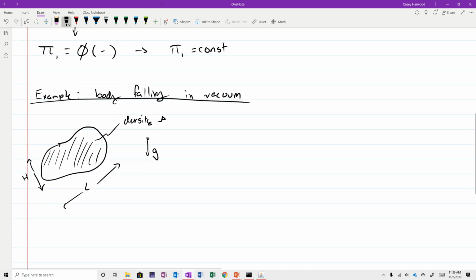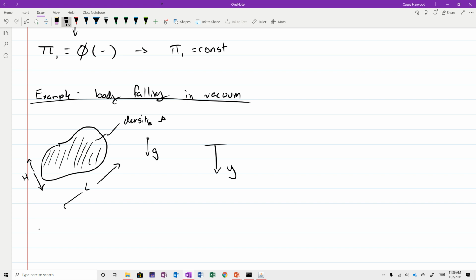And we're interested in, given a certain amount of time, if we release this thing, we're holding it, and we release it, we want to know what functional relationship we can assign to the distance fallen. So let's go through the rigmarole of the dimensional analysis on this.